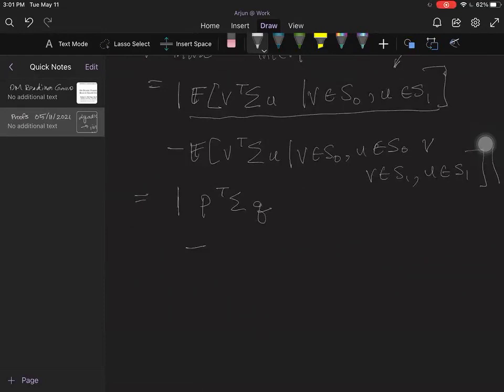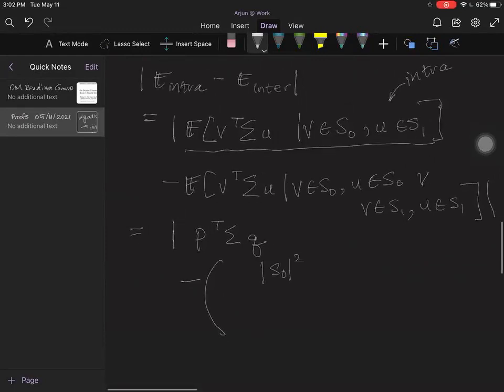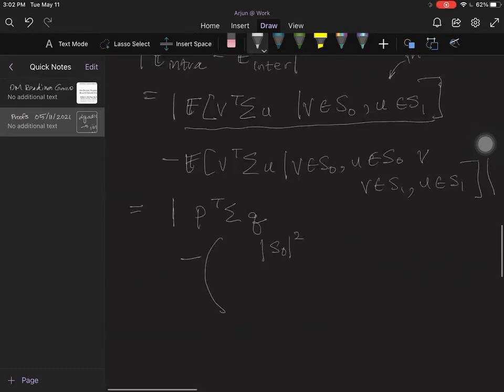So we know that the number of possible intra links within, sorry, this should be inter, but the number of possible intra links within S0 is going to be equal to this, because the cardinalities represent how many nodes we have, and any graph with n nodes has potential to have n squared edges between all of them.